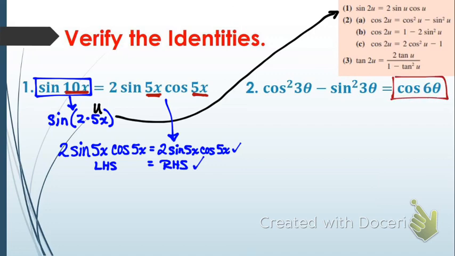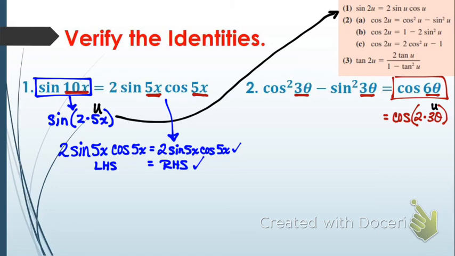Six theta, what's my relationship here? Guys, I got like 90 seconds. I'm using them all. 6 theta, its relationship to 3 theta. Twice as big, right? So this is cosine of 2 times 3 theta. 3 theta is my angle u.